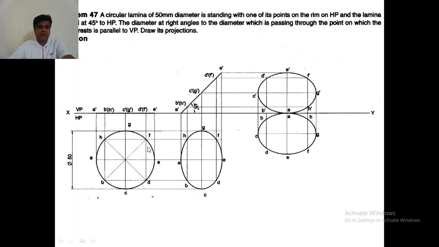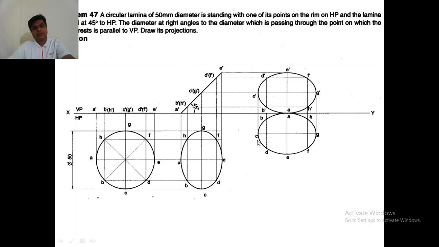But in the case of a circle, we divide the circle into 8 parts and give each point a name: A, B, C, D, E, F, G, H, like that. We'll try to solve this problem. The only difference is that the lamina shape is circular here. The other conditions remain the same, just as we solved in the previous case.